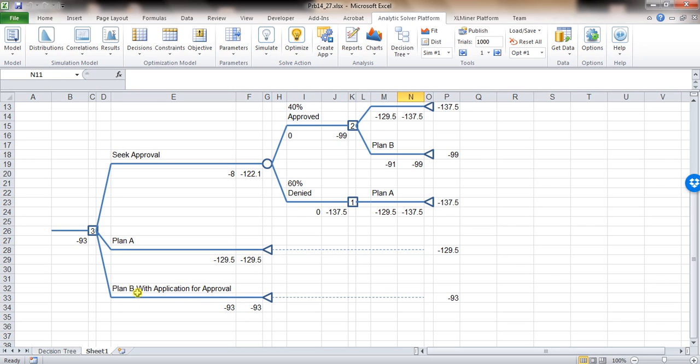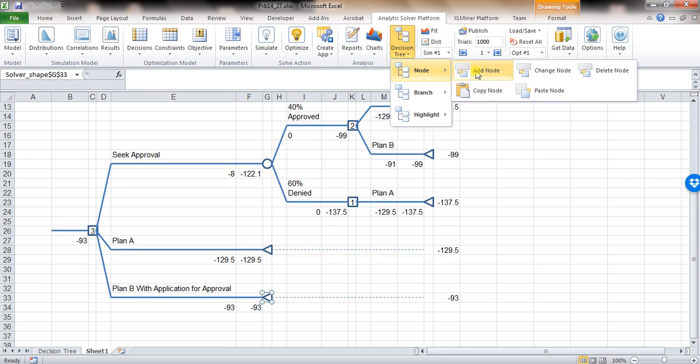You have started with plan B immediately, and then 2 months you're working on plan B, and then the approval results are out. That means here you have a choice of 2 events happening.